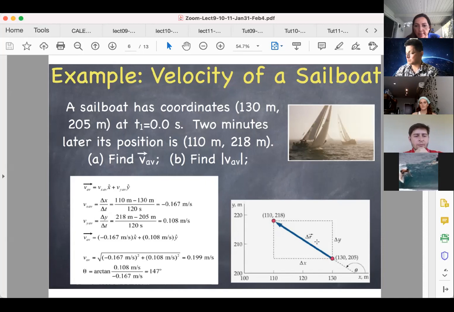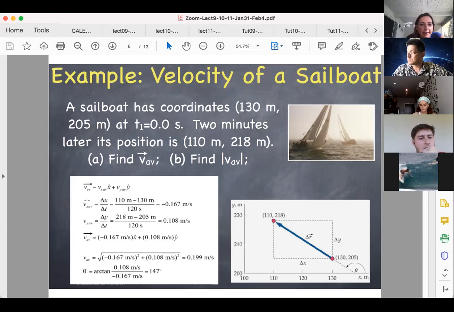This vector is called displacement, indicated with delta R, and you want to put an arrow on the top of it. Okay, so it makes sense that we can call this one delta Y, and we can call this part here delta X, which are the components of your displacement. So here it is asking, find the vector average velocity, and then find its module.